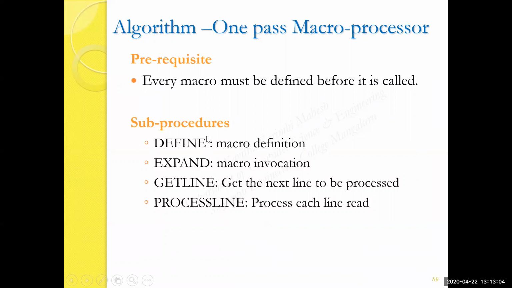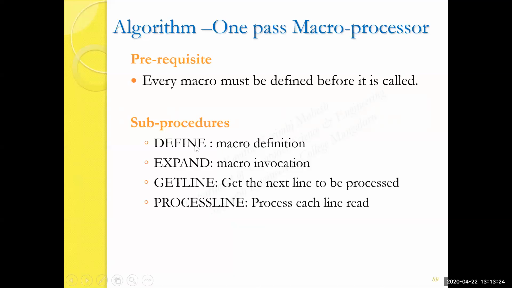Function of the define procedure is to define the macros. And generally this procedure is called or invoked when a macro definition is encountered in the source file, which happens when the directive macro is encountered.